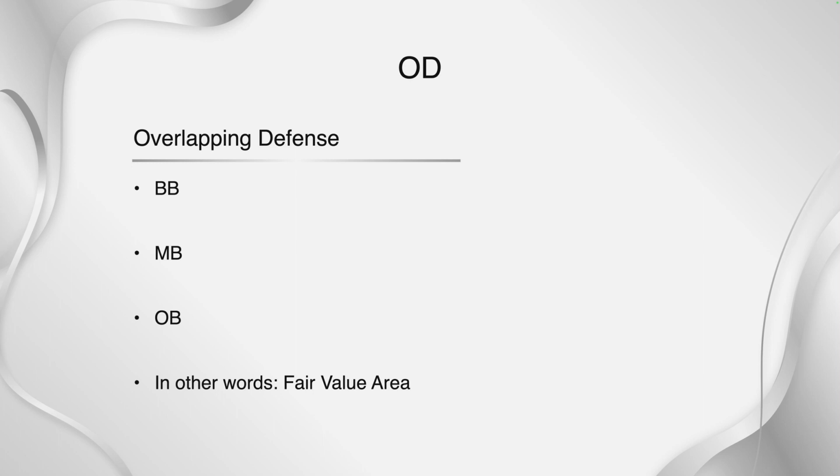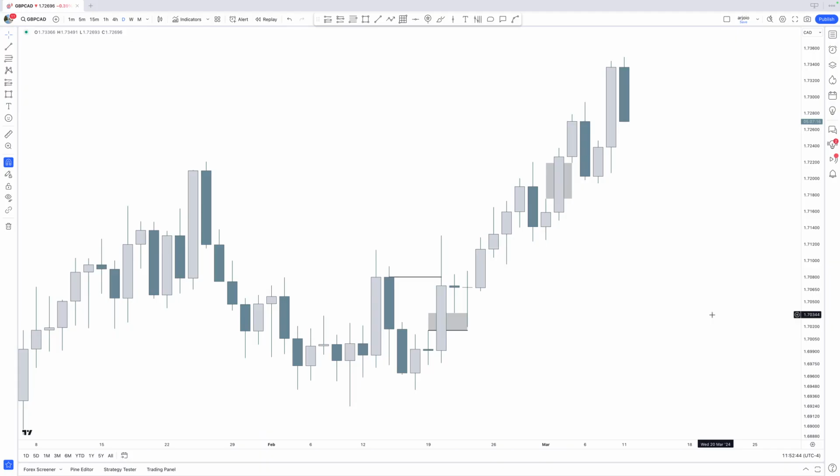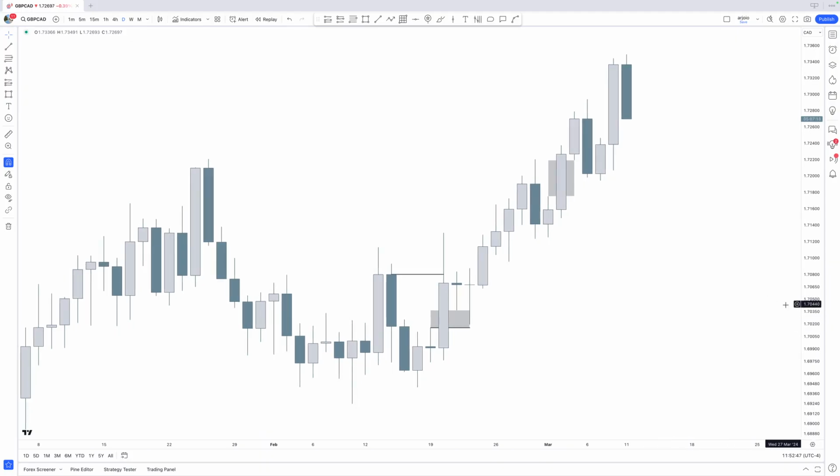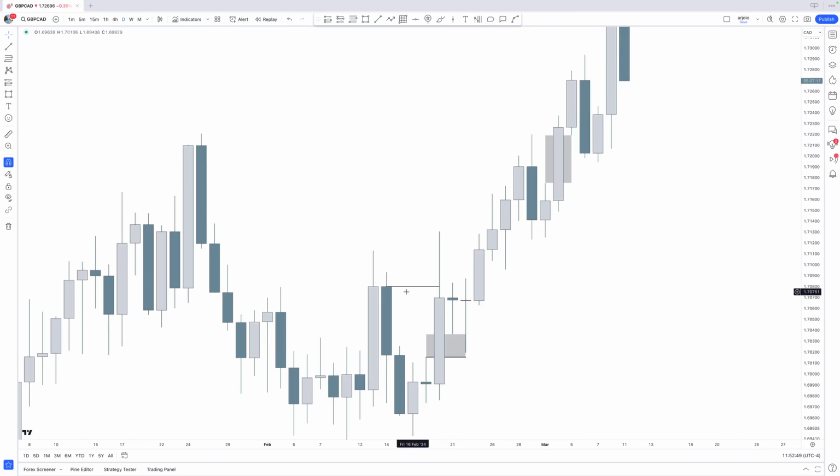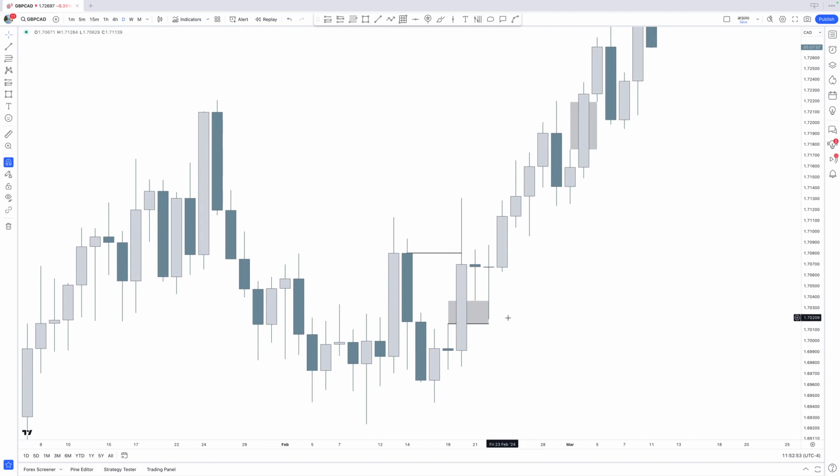If the first line of defense was the fair value area, that again is going to be lower probability for the overlapping defense as well. Where if the first line of defense was a fair value gap, that again is going to be higher probability for the overlapping defense as well. So what does that look like? Back on GBP/CAD, we again saw these fair value gaps and the first lines of defense, etc. But with those first lines of defense, we also have, of course, the overlapping defense.